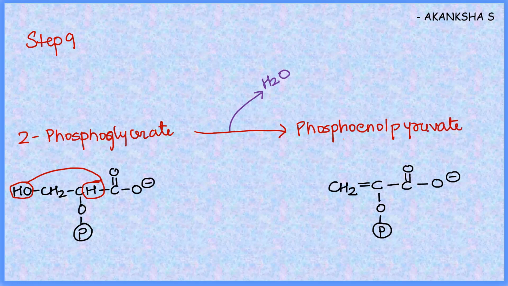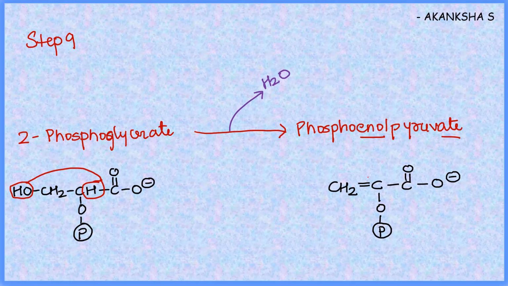Enol means what? A compound having a ketone as well as a double bonded carbon. Okay, so it has a carboxyl carbon. See over here, there is an acidic group, that is C double bond O minus. Enol means there is another double bonded carbon group. Okay, so now we have converted from phosphoglycerate to phosphoenol pyruvate.